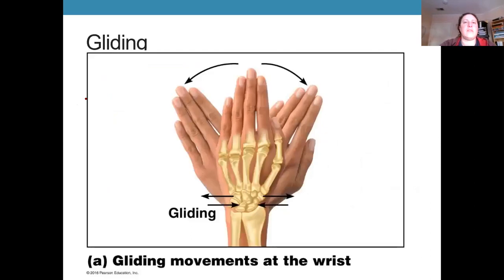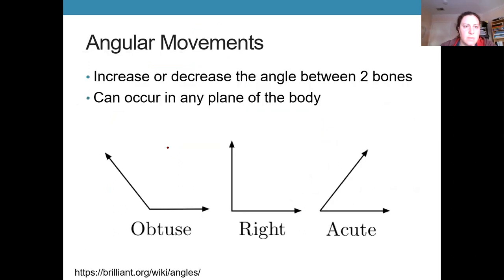So gliding movements are basically going to occur with plane joints, and it's the gliding that we already talked about, right? It's that non-axial movement where the bones just slide past each other. So that one's pretty straightforward.